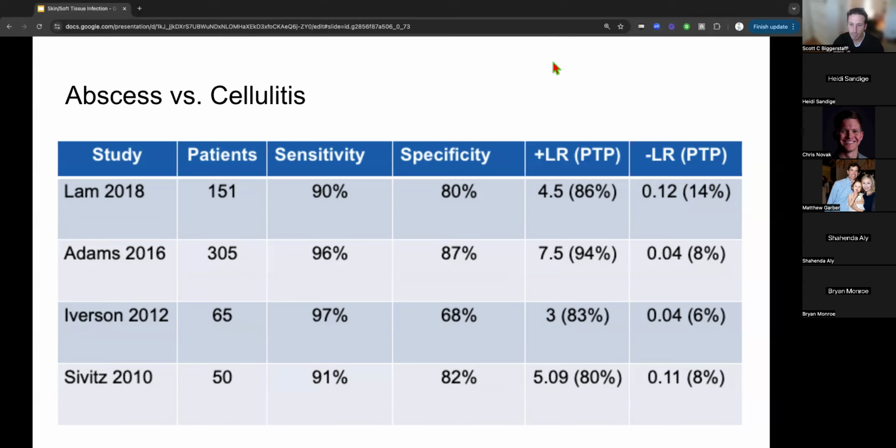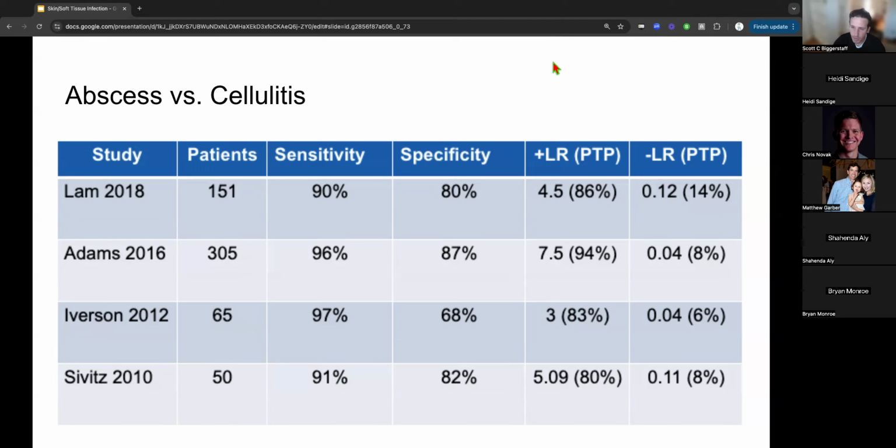Or conversely, in a patient they thought just had regular, run-of-the-mill cellulitis, they were just going to treat with antibiotics and send home. They used ultrasound, identified an abscess, and then went for I&D or aspiration to try to express pus.